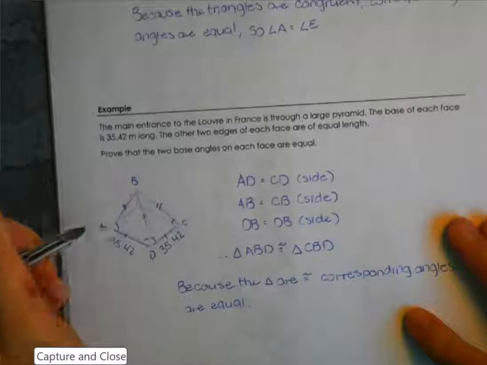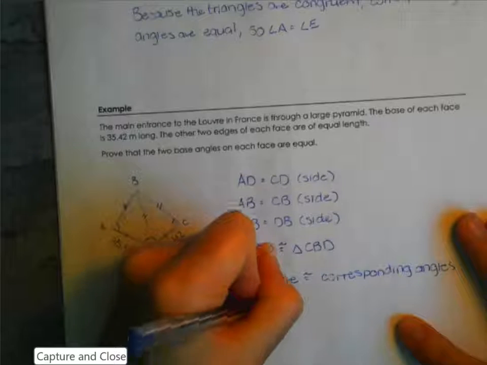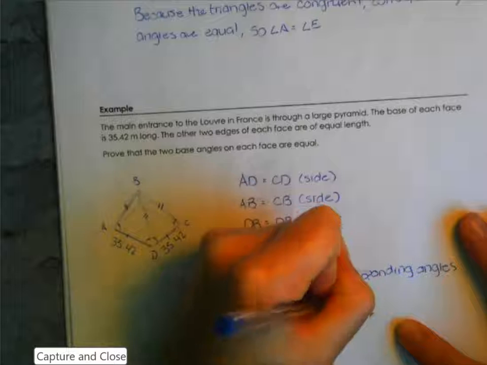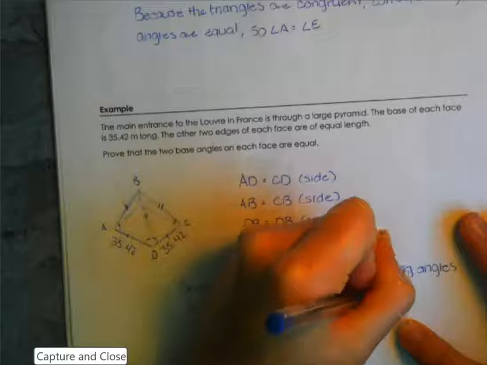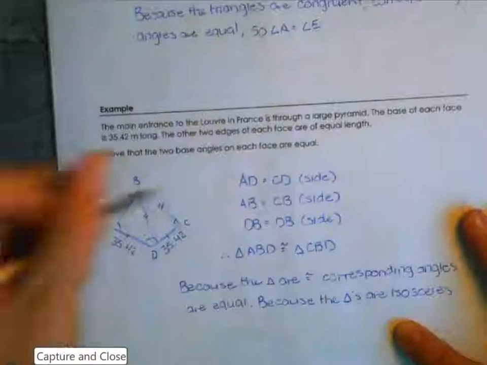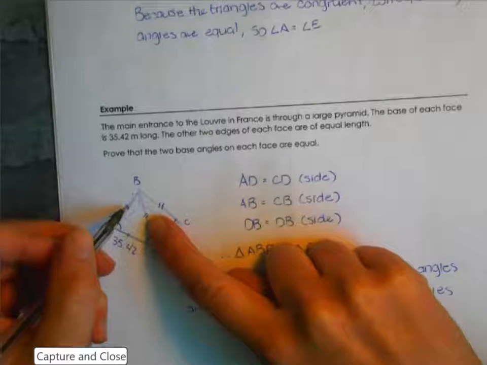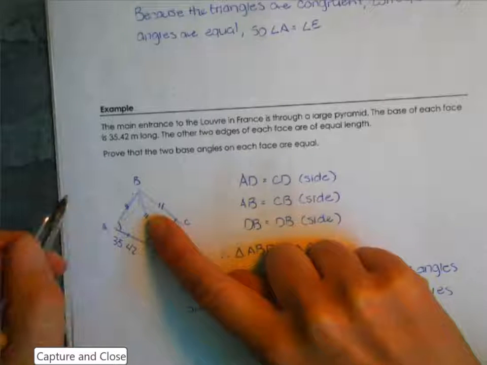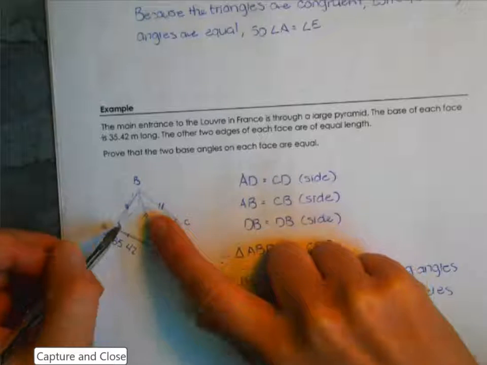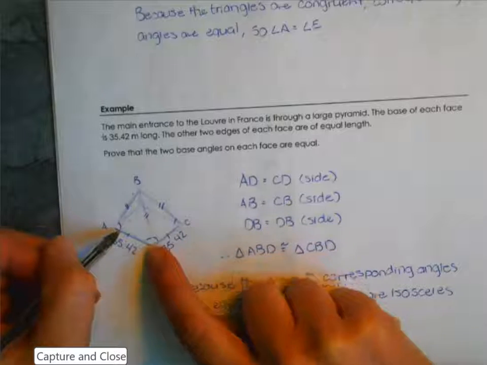And so then we can also say, because the triangles are isosceles, right, because they have the two sides that are the same, so we know that they're isosceles. And if you remember, when we talked about isosceles a couple sections back, we mentioned that if those two sides are the same, the angles at the bottom of them, the angles at the base, are going to be equal as well.